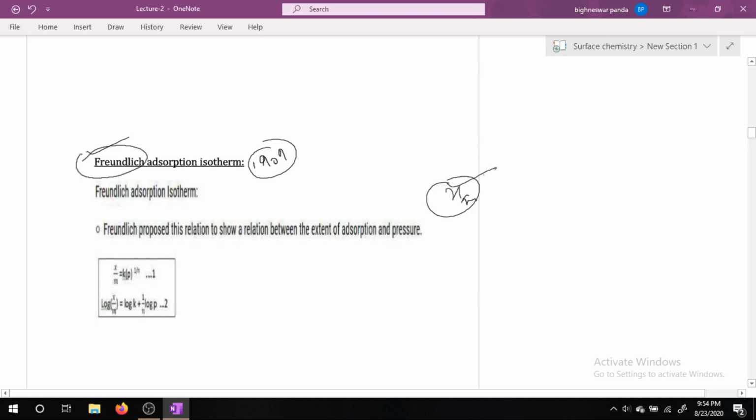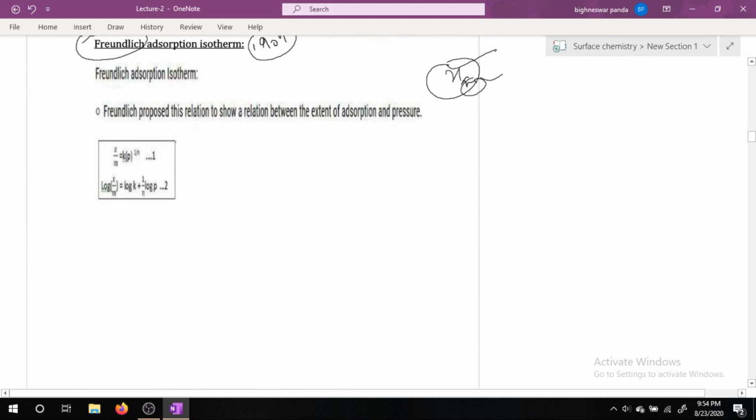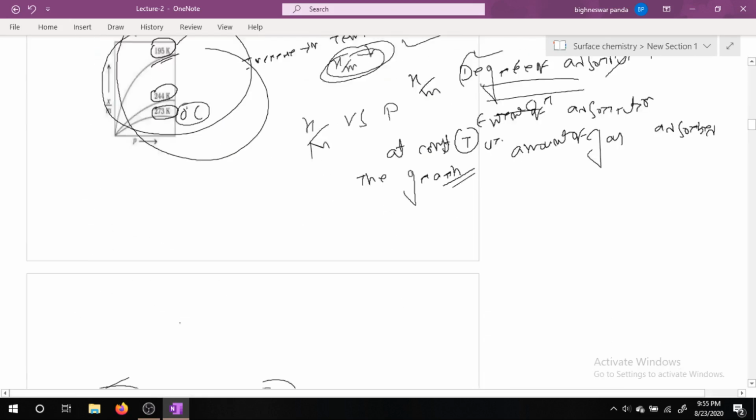He found a relation by observing each curve. He gave the relation x by m is equal to k into p raised to the power 1 by n. This is the relation given by Freundlich.